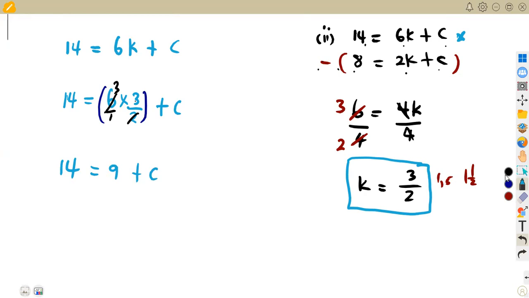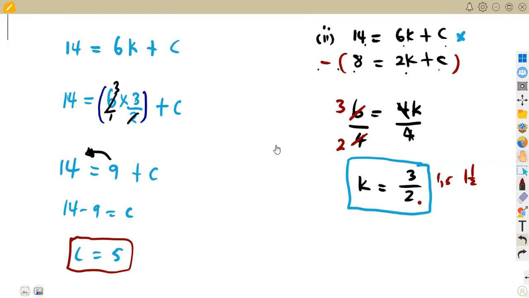So that's it. We can obtain the numerical value of c by transposing 9 to the other side. It becomes a negative. 14 minus 9 is equal to c. So what is the value of c? We are going to obtain a 5 if we subtract properly. So that was the whole idea of our question here for the value of c and the value of k.